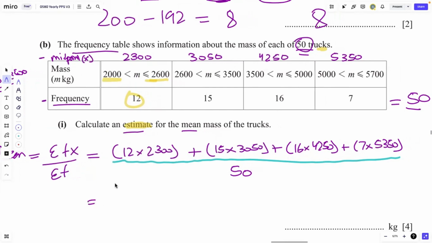And then you can just use the calculator. You have shown the working for it. You can use the calculator to plug this in. Make sure to put it in correctly and do not mix up the multiply and plus sign. Inside the bracket you have a multiply, outside you have a plus. So that's bracket open 12 into 2300 plus bracket open 15 into 3050 bracket close plus bracket open 16 into 4250 bracket close plus bracket open 7 into 5350.